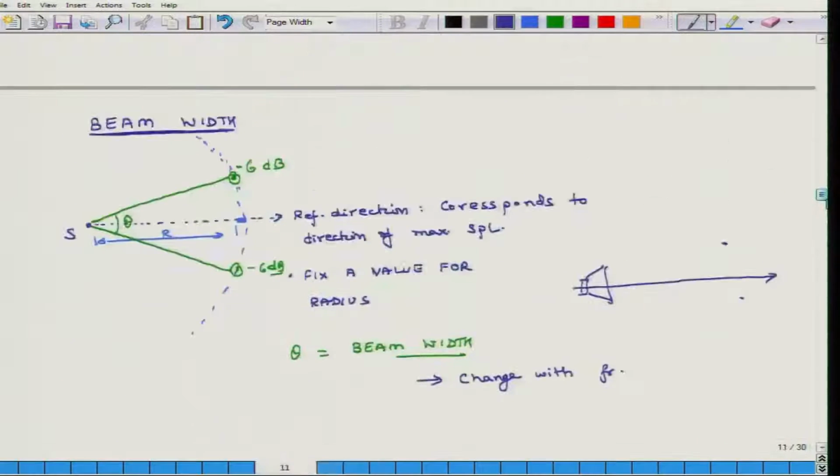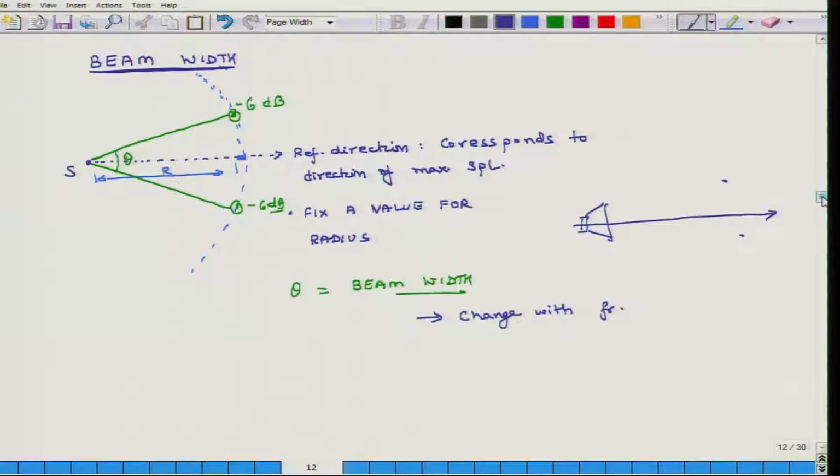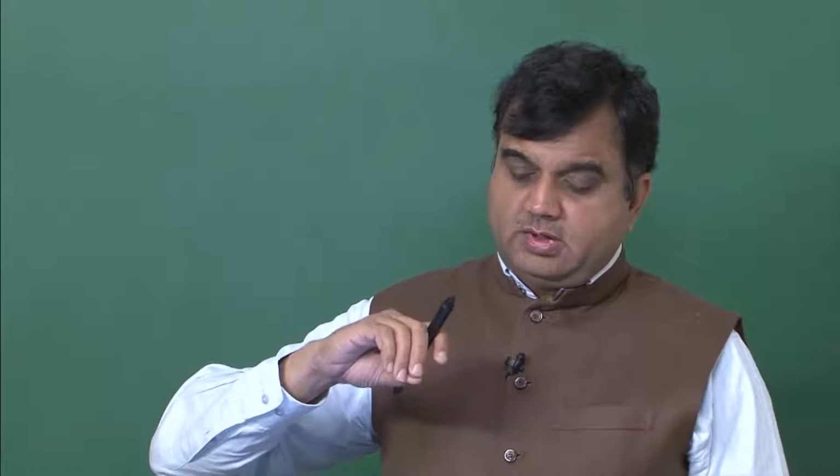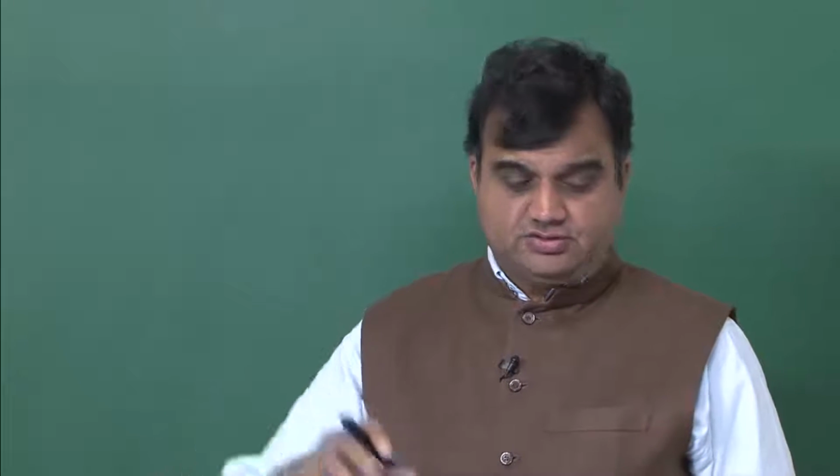So, what does beam width tell? It tells us how much sound is being directed in a particular direction. Now, the directivity factor helps us compare how directional a particular sound source is compared to a perfectly symmetrically radiating sound source.